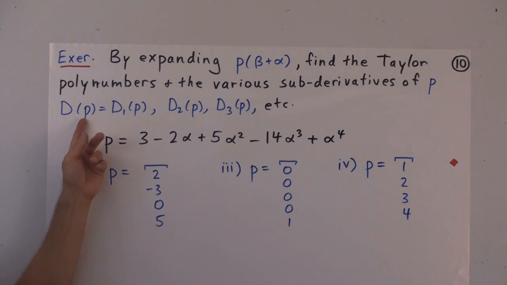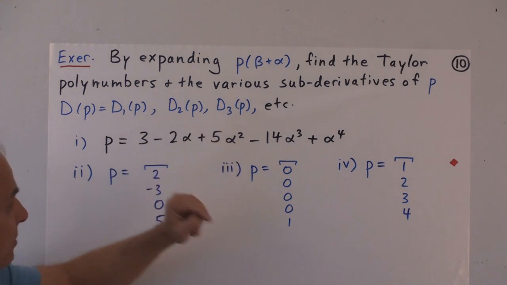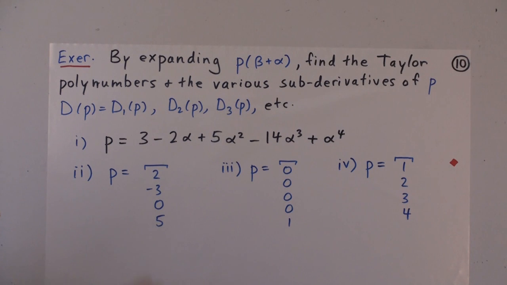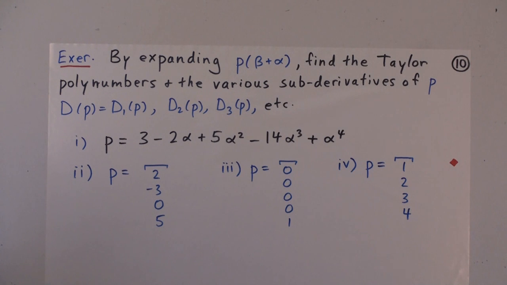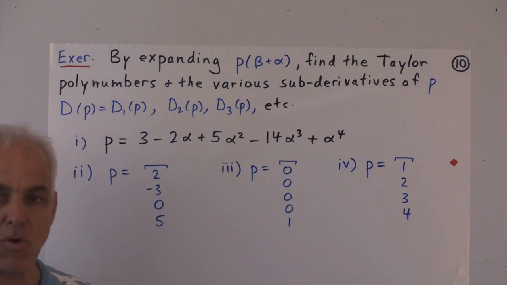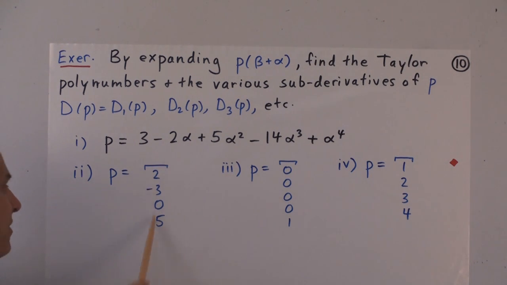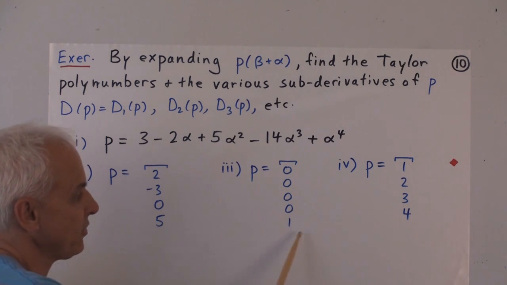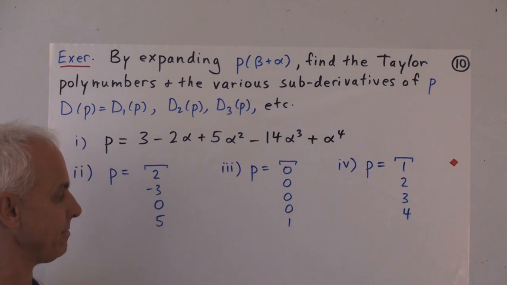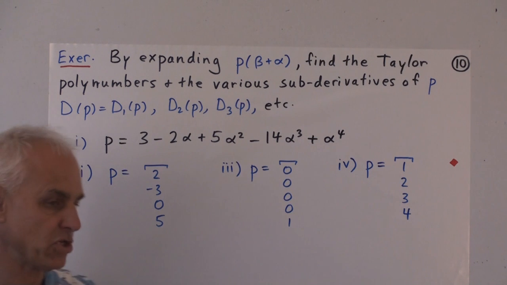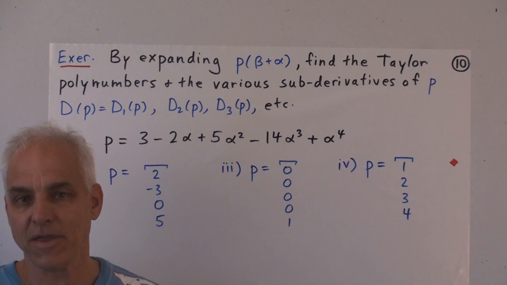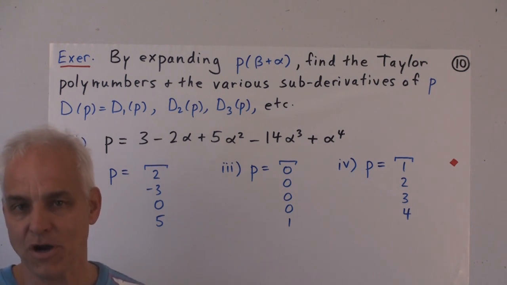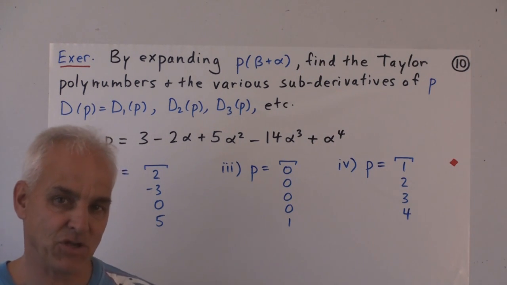So the first derivative or the first subderivative, same thing, and then the second subderivative, third subderivative, etc. And 4 different examples. This one p written this way, and then these ones with p written in the more original way. There, there, and there. This one is a kind of a pure power. This one here is especially instructive because you can see very clearly, I think, why the binomial coefficients are playing an intimate connection with this subject.